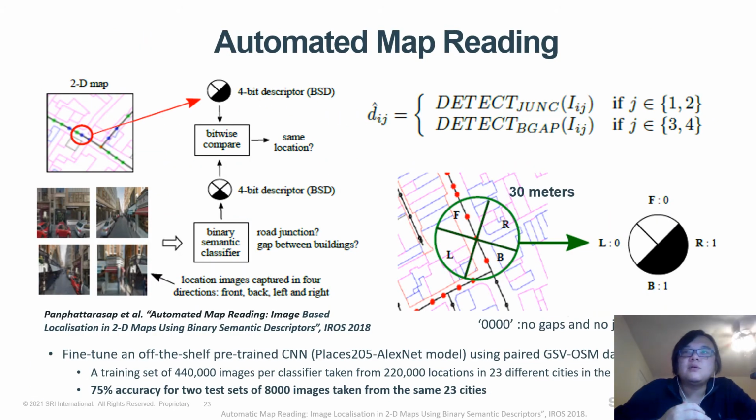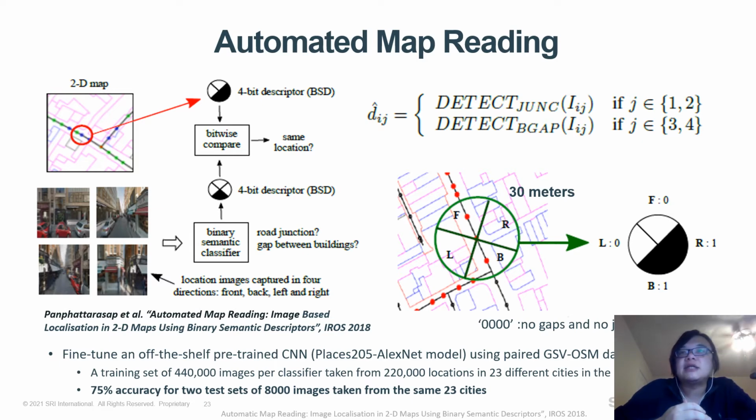The first work we are going to talk about is automated map reading. The idea of this work is to use a 4-bit descriptor to compare the ground image and the OpenStreetMap. This descriptor is called binary semantic descriptor.